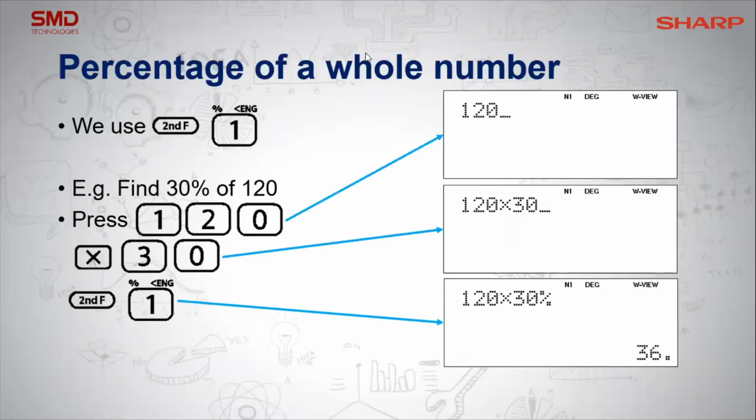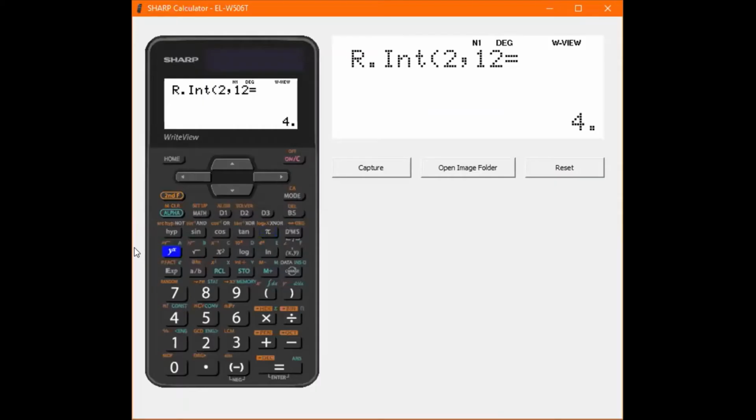Then, of course, we also have a really awesome percentages function. So if you wanted to add 15% to 120, you could just say plus 15 and then second function and 1 to give you that percentage. You can also say 15% of 120, so you could just say times 15 and percent.